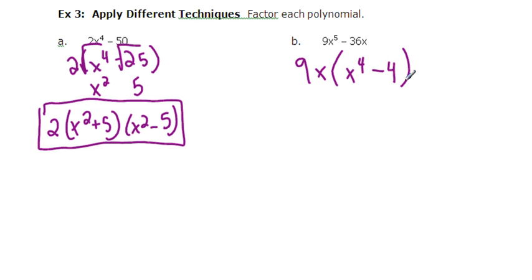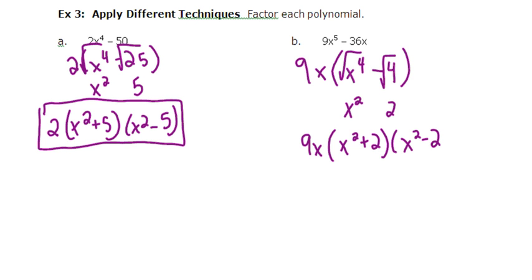So I have x to the 4th minus 4. There's two terms and a minus sign, so I check perfect squares. Square root of x to the 4th is x squared. The square root of 4 is 2. So I have 9x on the outside, and then x squared plus 2, x squared minus 2.